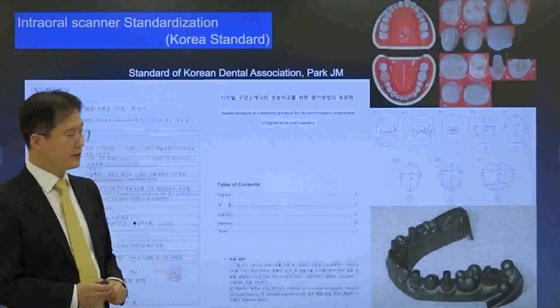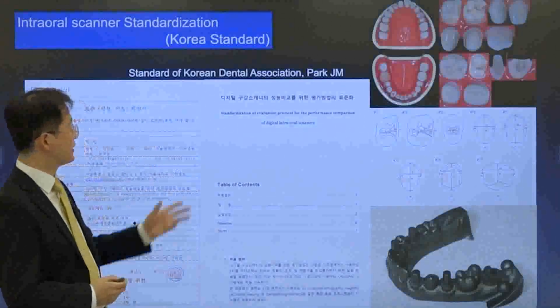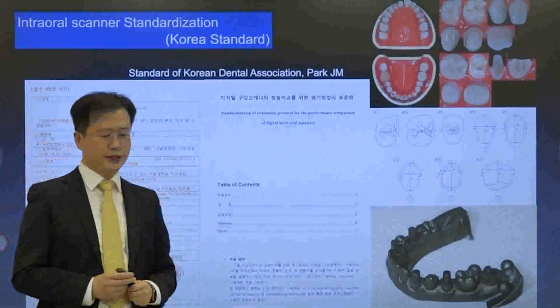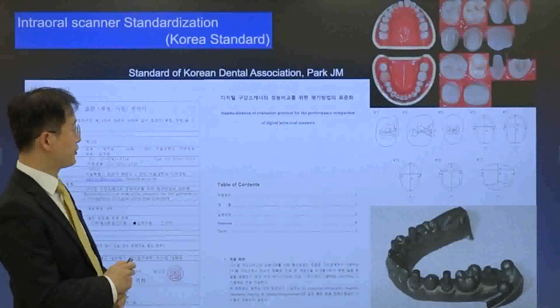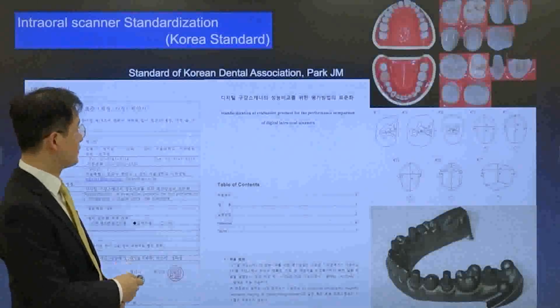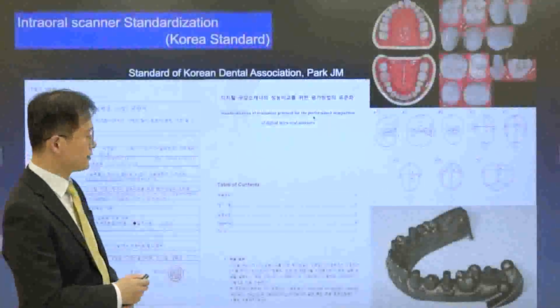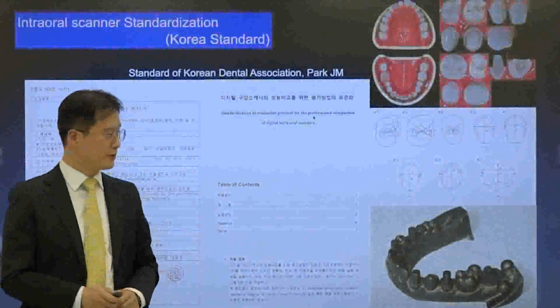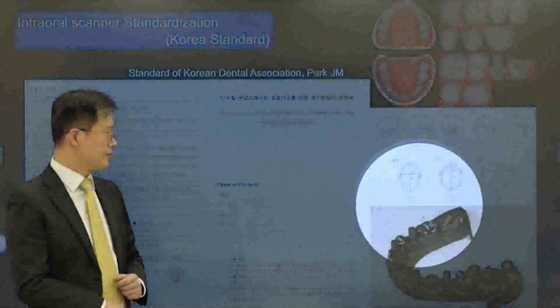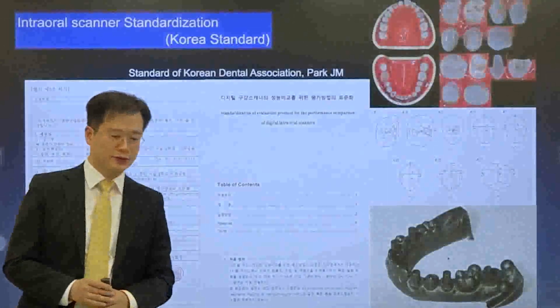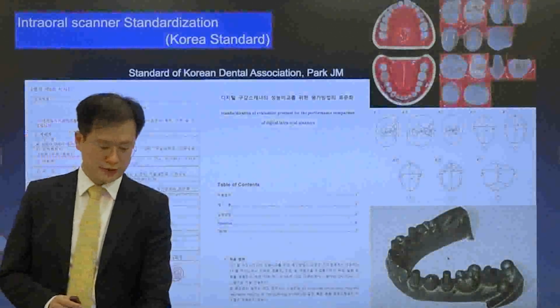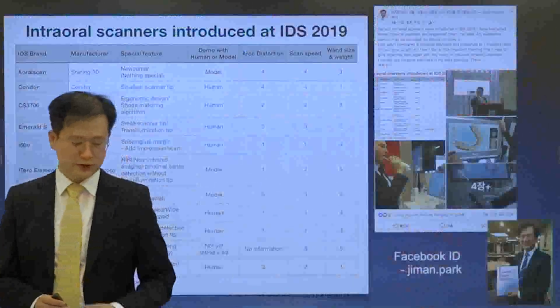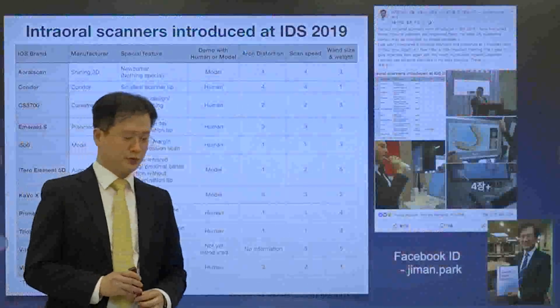And I made a Korean standard for intraoral scan performance evaluation. So you can download the data from the KDA, Korean Dental Association website, and you can use it to evaluate the same process.